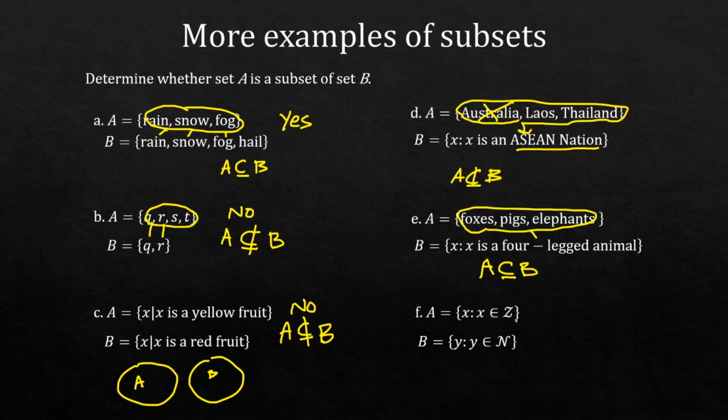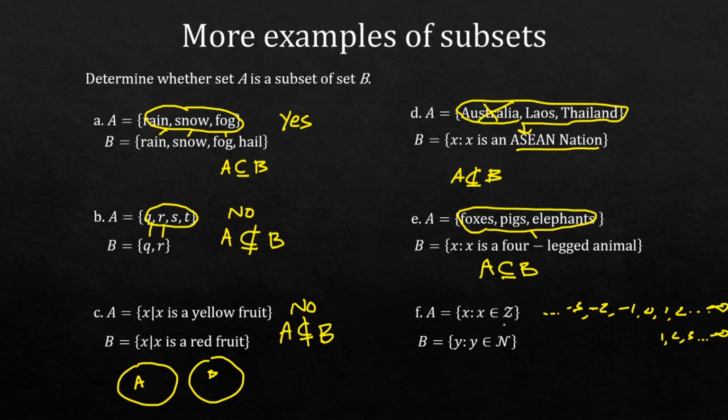How about this one? A is the set of integers. So if you recall integers, -2, -1, 0, 1, 2, etc. to infinity. B is the natural numbers. So that's only 1, 2, 3 to infinity.